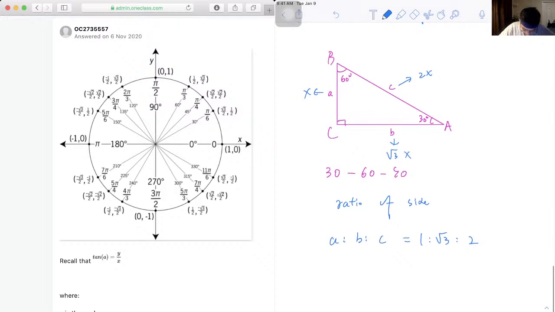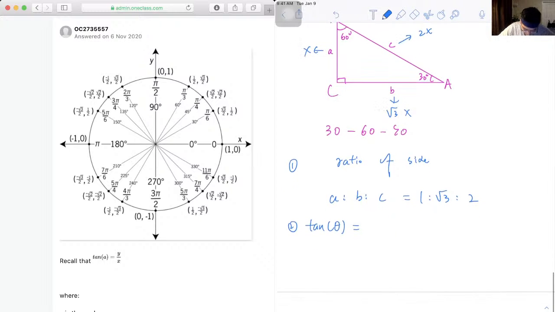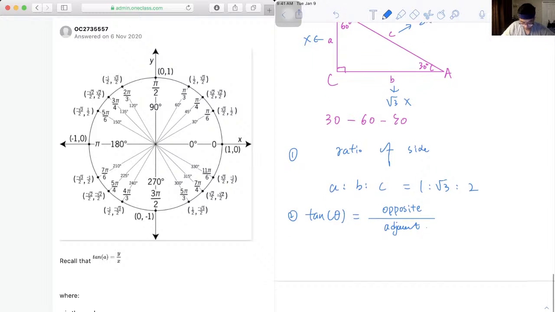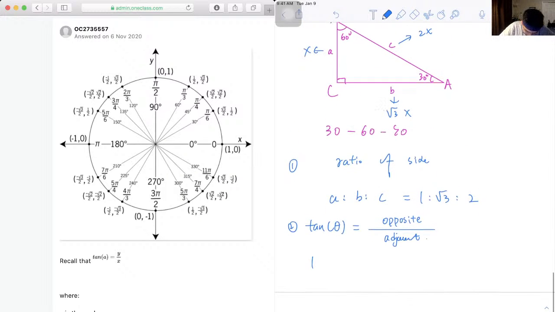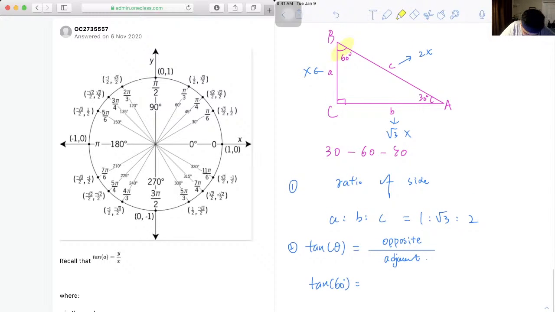So that's the first thing. And the second thing we need to know is whenever we talk about tangent theta, no matter what degrees that is, it's always going to be opposite over adjacent. So in our case, that will be tangent 60, and we focus on the 60-degree angle, which is B in our case.